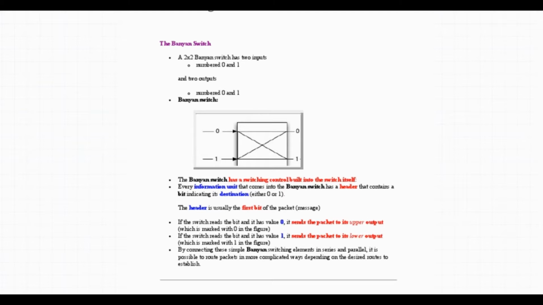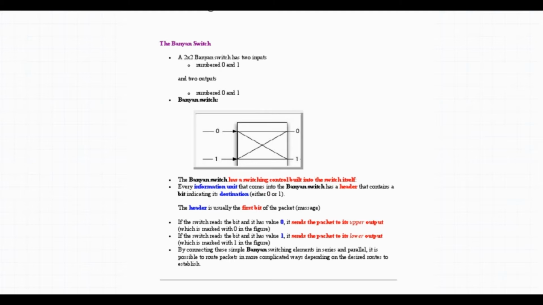So, what is a Banyan switch? A 2x2 Banyan switch has two inputs numbered 0 and 1, and two outputs, also numbered 0 and 1.